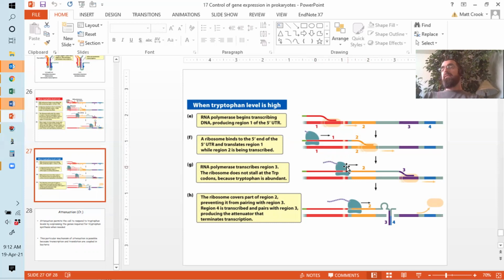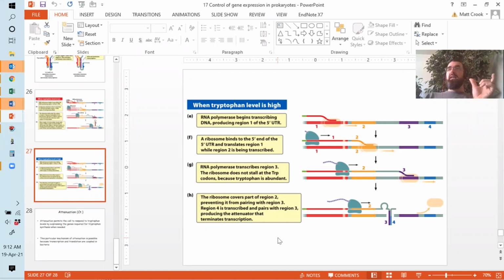As a result, region 2 is not available to base pair with region 3 once region 3 is produced. So region 3 is going to be hanging around waiting for something to bind to, and then region 4 is produced, and as a result, it kicks the RNA polymerase off of the DNA. And that terminates, or rather attenuates, transcription so that the trp operon is not transcribed.